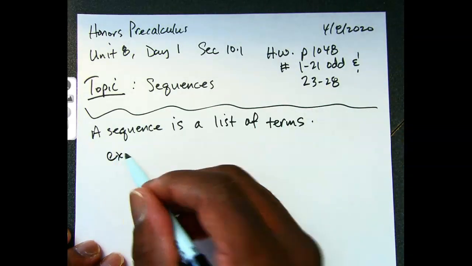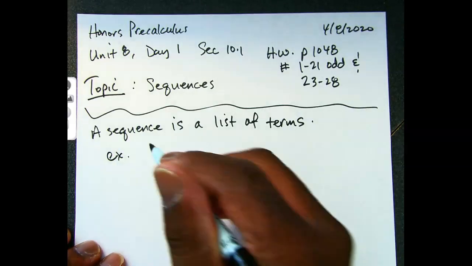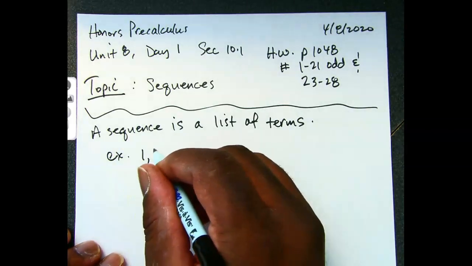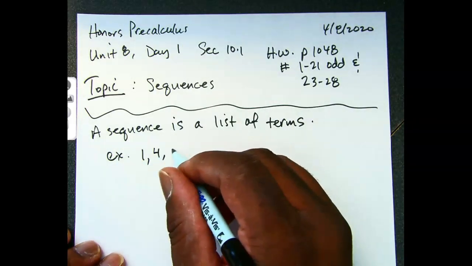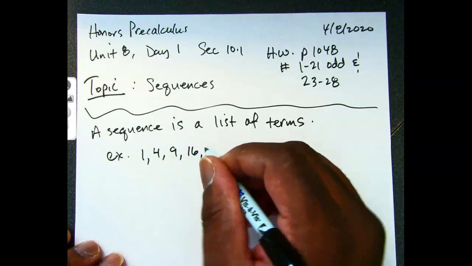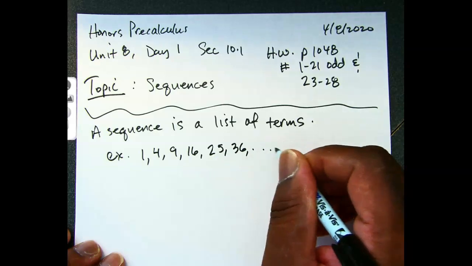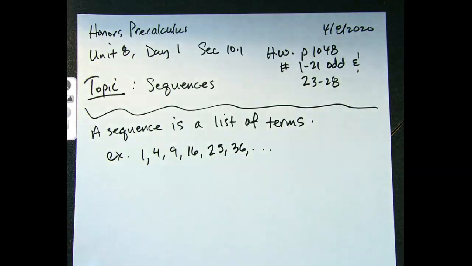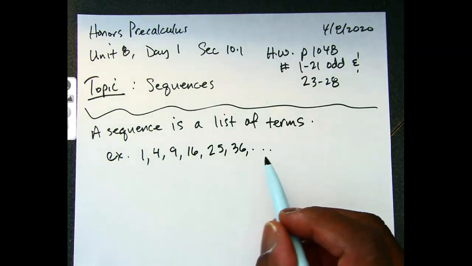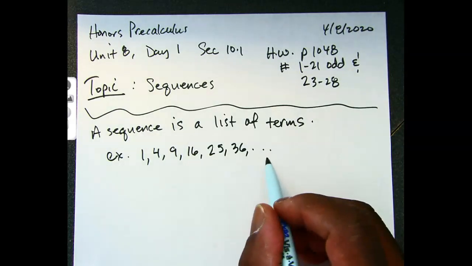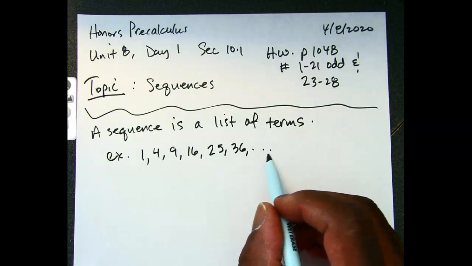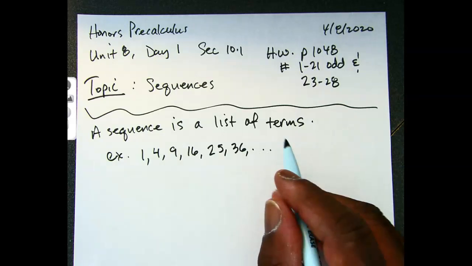For example, we have the list 1, 4, 9, 16, 25, 36. Then this is a sequence, and it's an infinite sequence, indicated by the ... telling us that this sequence goes on.